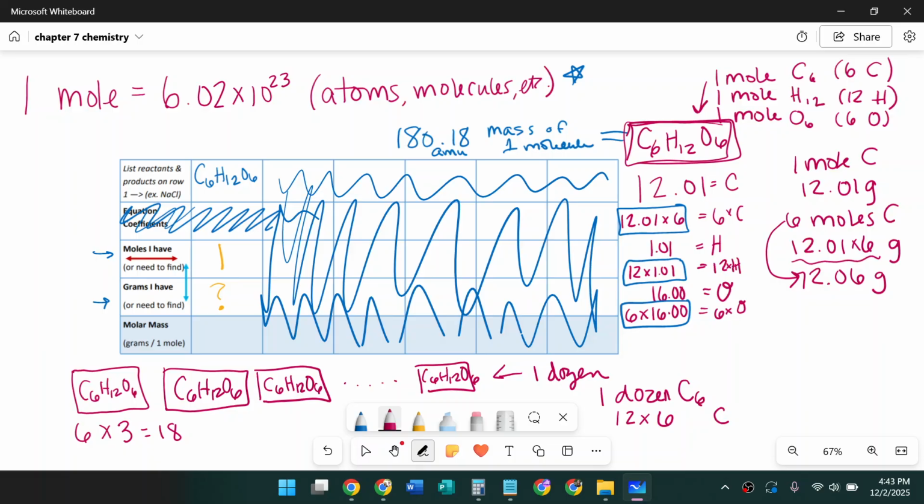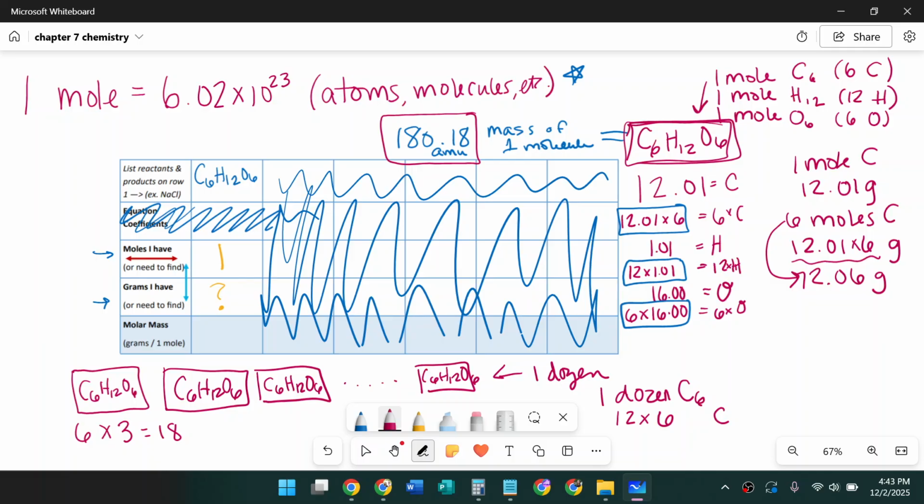This number that I came up with right here, just like the pink box that says the periodic table number tells us 2 things, when I add the numbers and get the atomic mass unit, that is the same as me saying number 2, the number of grams for 1 mole. It applies to the periodic table. 12.01 is the atomic mass of carbon, and 12.01 grams is how many grams are in 1 mole of carbon.